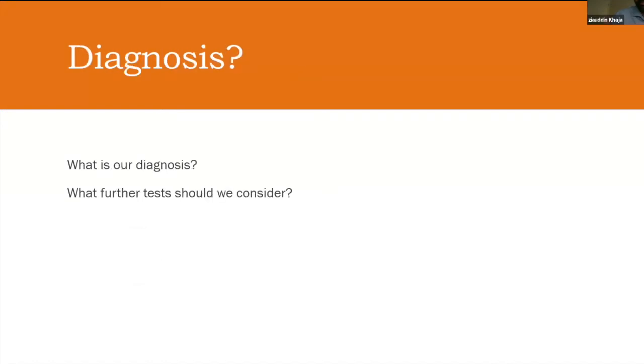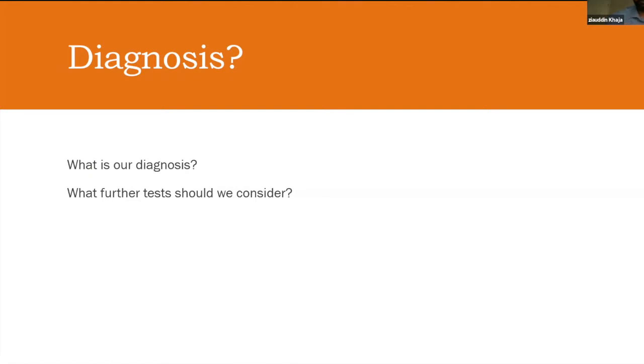Initially, again, what is our diagnosis that we're thinking? Definitely, as Abu Sufyan mentioned, it could be DVT or a PE. And what further tests should we consider? I know you guys are already ahead in the game. Amazing. So the further tests we consider are CT pulmonary angio, D-dimer.